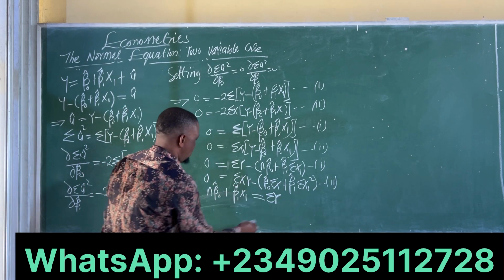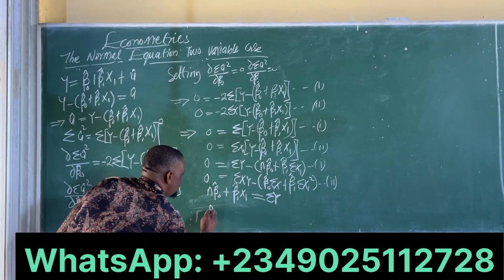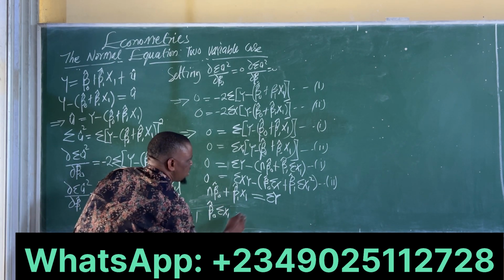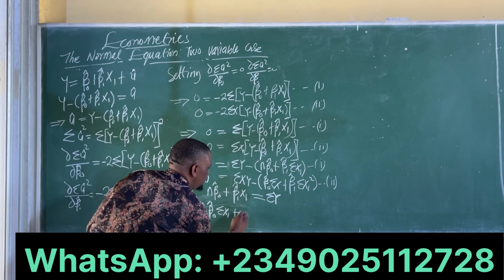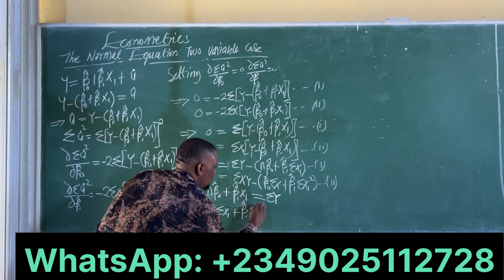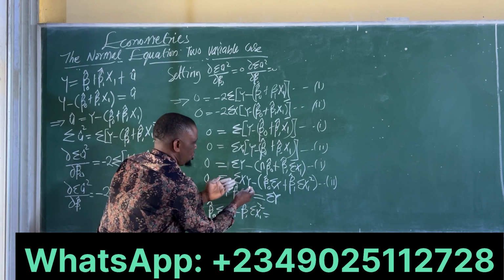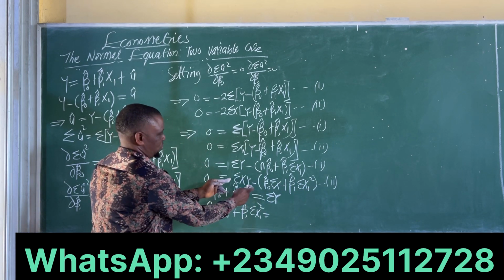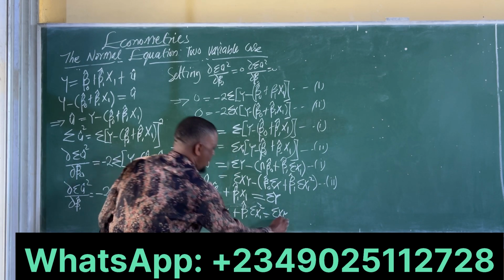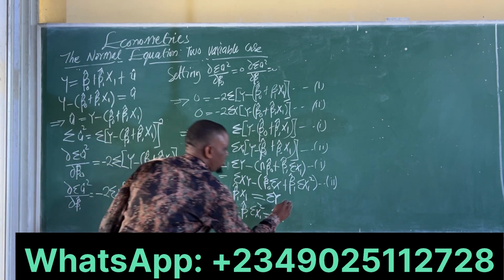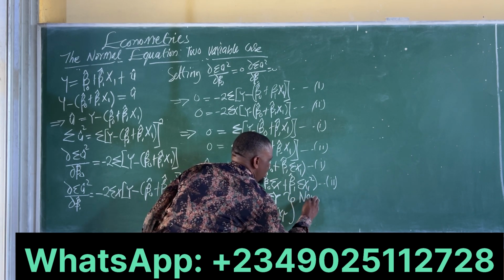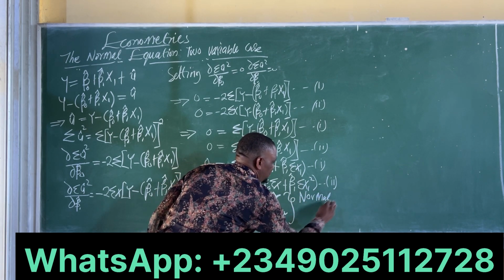And then this other one will be beta 0 hat summation x1 plus beta 1 hat summation x1 square is equal to summation x y. So this is what we refer to as our normal equation.